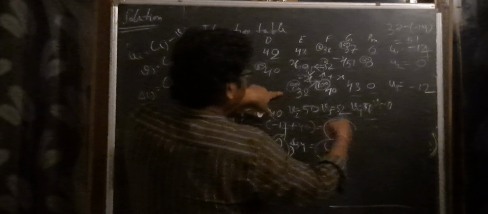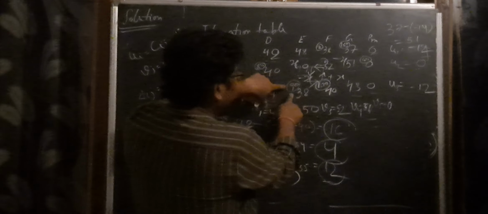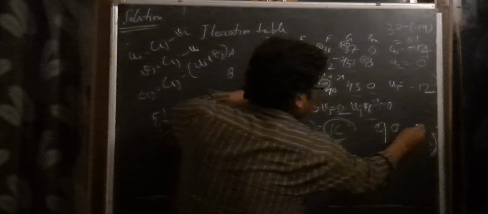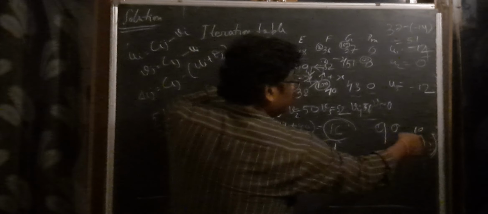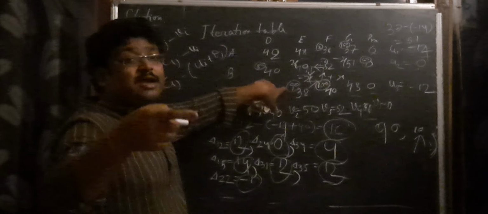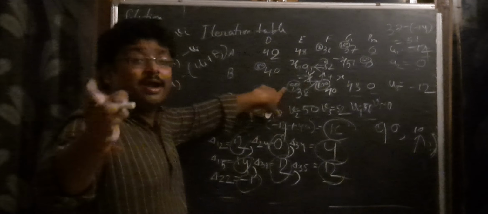And now by taking the negative x values, this is the negative x, and here also the negative x. So allocated is 90 and 10. So 10 and 90, 10 is minimum. So we are going to add 10 to the positive x and subtract 10 from the negative x.